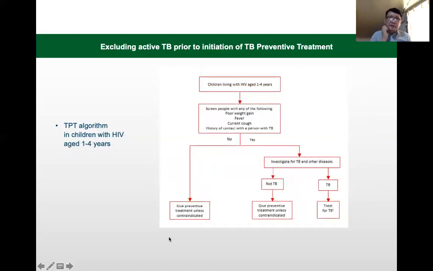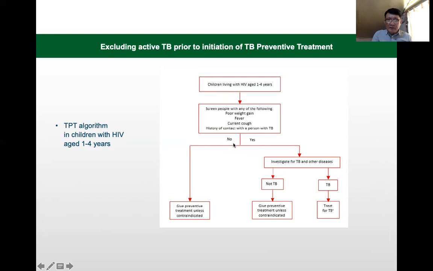Next algorithm, excluding active TB prior to initiation of TB preventive treatment. This time, the TB algorithm in children with HIV aged 1 to 4 years old. So again, children living with HIV, 1 to 4 years. Screen people with any of the following, again, the cardinal signs and symptoms, or history of contact with a person with TB.